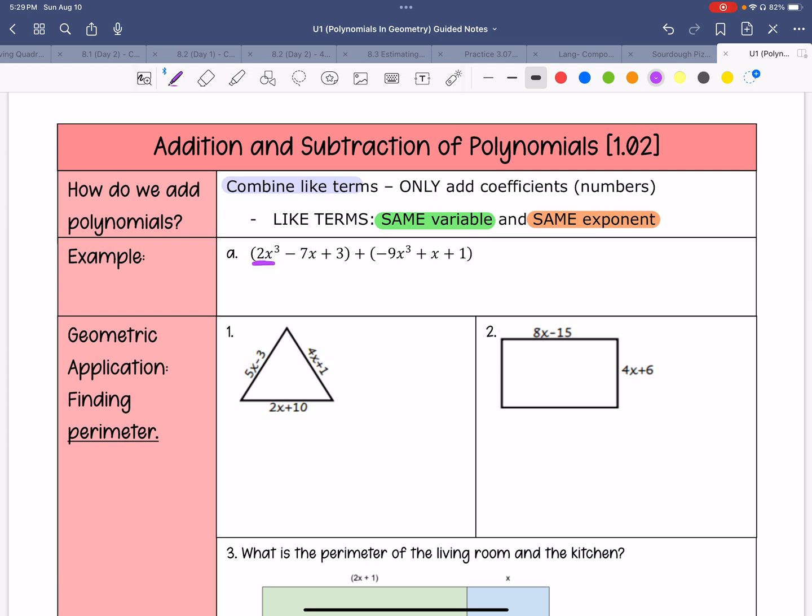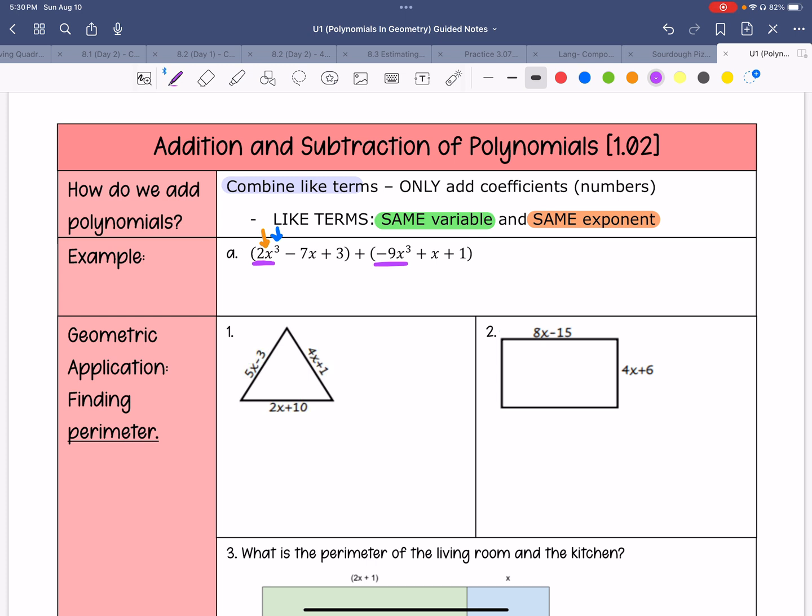Now, I can only combine my like terms, which means I'm looking for another term that has both an x, the same variable, and the exponent is 3 cubed. So I notice that in my second parentheses, negative 9 also is an x cubed term. So that means that I can add these together.